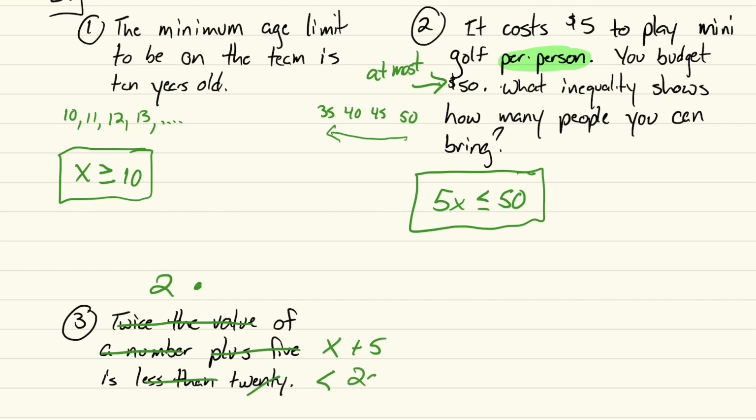And that's just a translation of English that we've done before. So we end up having 2 times x plus 5 is less than 20. This one didn't require us to think about any problems or anything. It just required us to translate the English sentences.